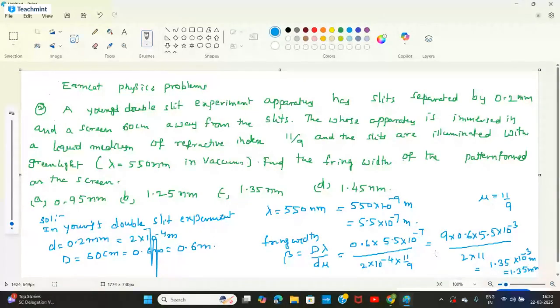So the answer is what? 1.35 millimeters.